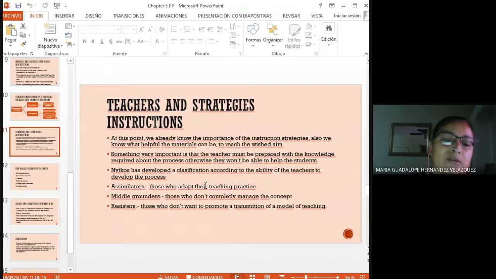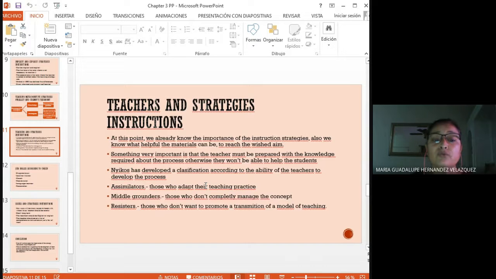Nikos has developed a classification according to the ability of teachers to develop the process. She divides it into assimilators, middle grounders, and resistors.